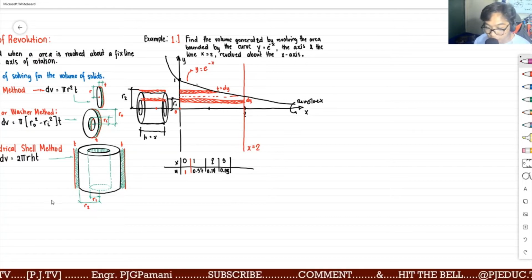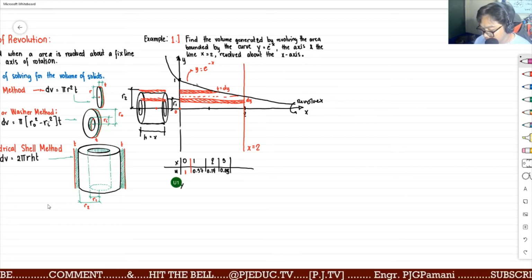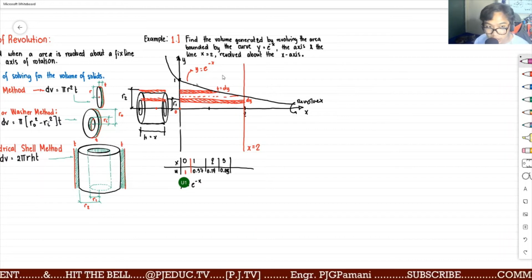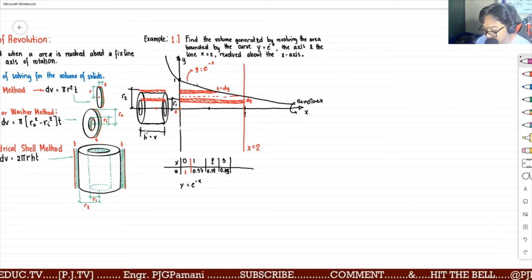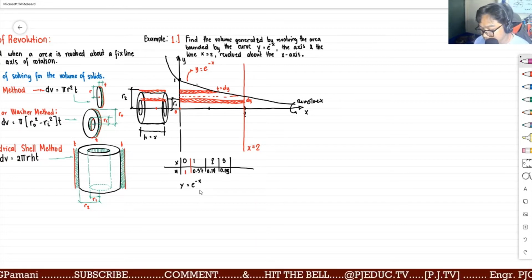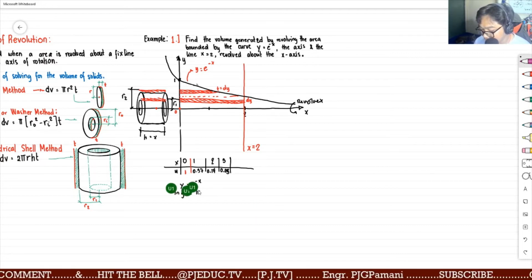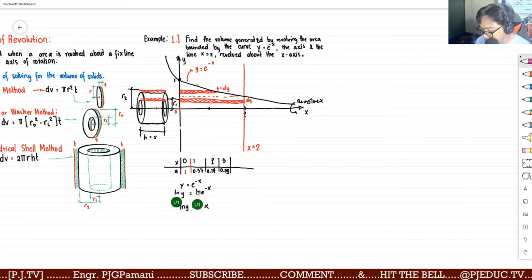Gawin muna natin in terms of x, si y equal to e raised to negative x, kasi kakailanganin natin yan mamaya for the length of the cylindrical shell. So if we are going to assign this with respect to the x variable, let's add ln on both sides of the equation to make ln e equal to 1, such that ln y is simply equal to negative x, or x is simply equal to negative ln y.